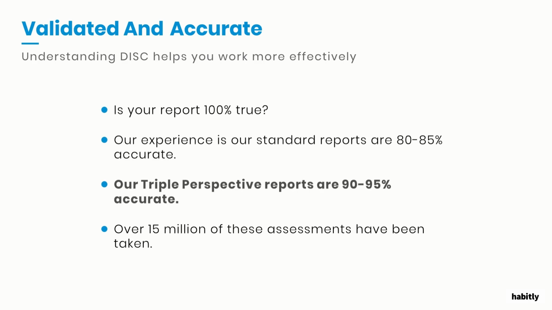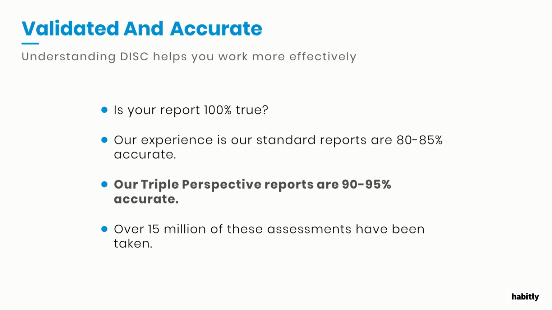When you take any assessment, you need to consider, is it validated and is it accurate? So when you get your report, is it 100% true? Well, if you do our dual perspective, which is behaviors and driving forces or motivators, then it's typically 80 to 85% accurate. Our triple perspective throws in the competency piece, and it integrates all this data together.